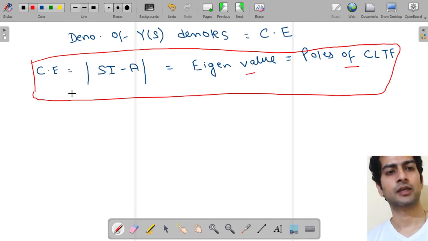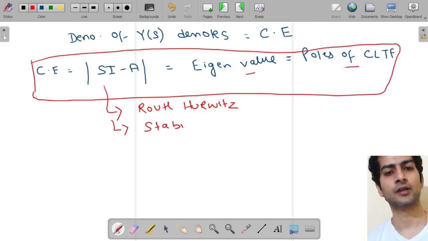Now suppose we have the characteristic equation, then see what all we can find from here. We can apply Routh-Hurwitz criteria from here. We can talk about stability of the system.